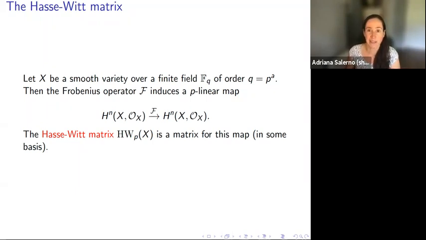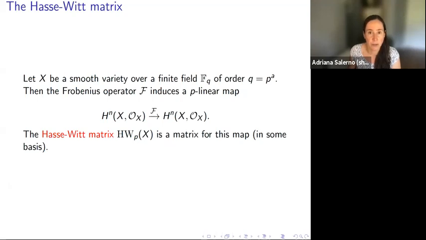Pick your favorite cohomology definition that works with a finite field. I don't mean de Rham cohomology here. I mean something that makes sense over a finite field. And the Hasse-Witt matrix is the matrix that defines this linear transformation. So you pick a basis and you can find your Hasse-Witt matrix.